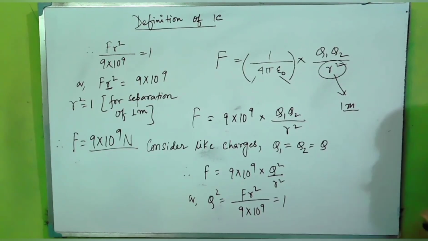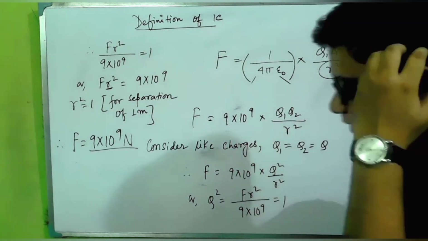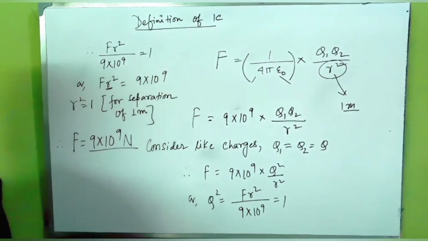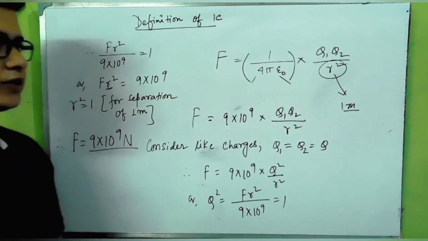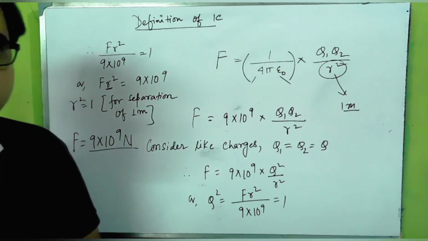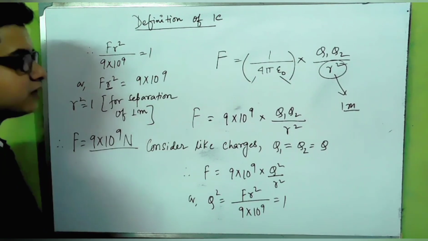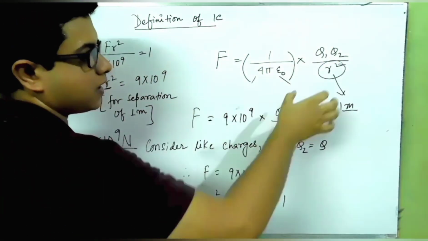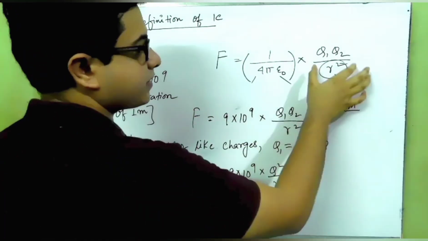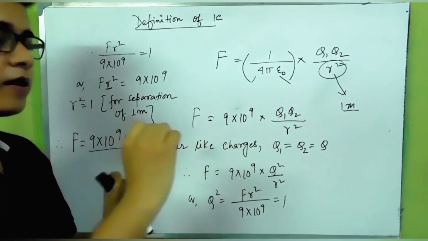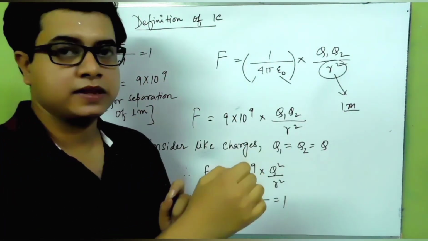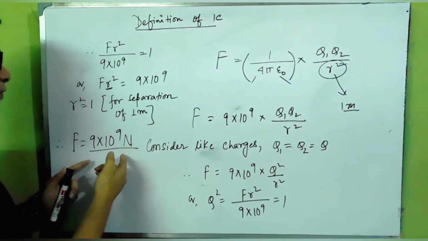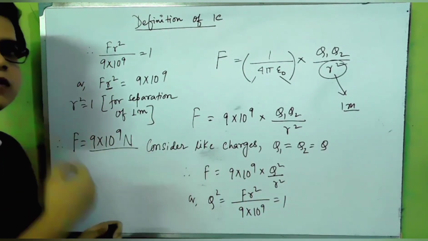So this is a conditional definition, or definition by criterion, where we set the condition for the charges to be 1 Coulomb. And the definition is going to be like this: if the charges are of 1 Coulomb and they are separated by a distance of 1 meter in vacuum, then they are going to experience a force equal to 9 times 10 to the power 9.